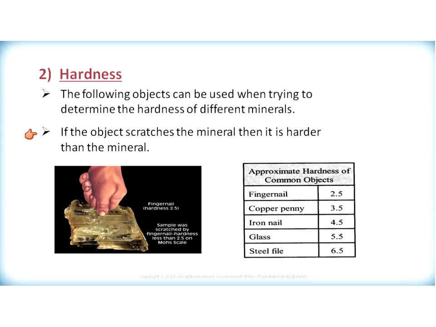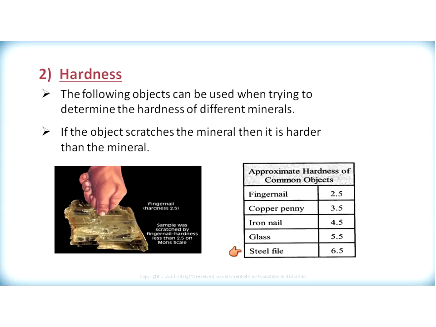For example, the objects we usually use in a laboratory would be your fingernail, which has a hardness of approximately 2.5, a copper penny, which has a hardness of 3.5, an iron nail, which has a hardness of 4.5, glass, which has a hardness of approximately 5.5, and a steel file, which has a hardness of 6.5.